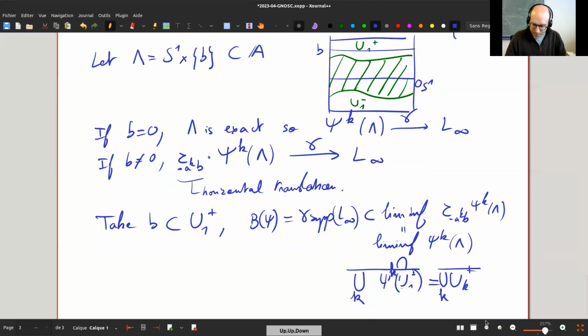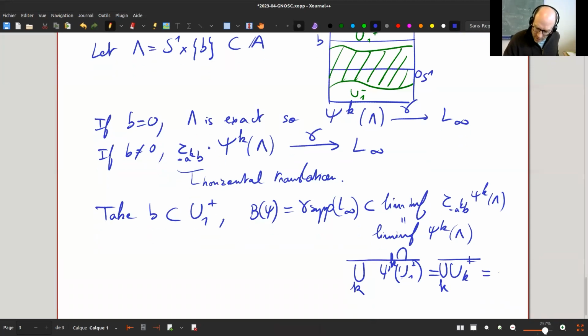And this thing is exactly what I denoted U plus bar. And so we have B of psi included in U plus closure. And for the same reason, it will also be included in U minus closure, which is by definition C of psi.